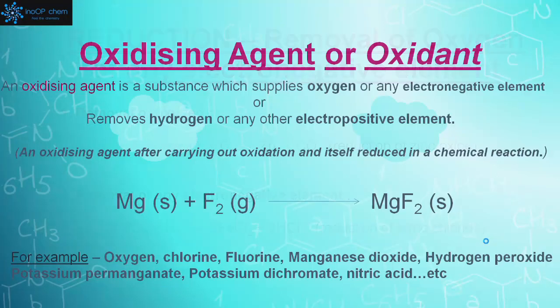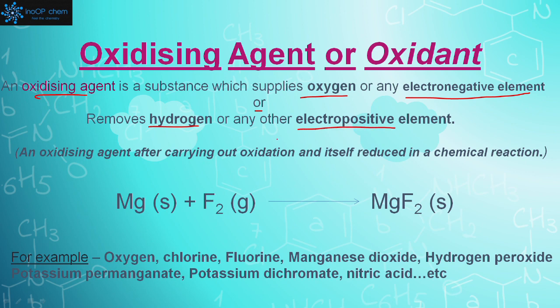Now, what is an oxidizing agent or oxidant? An oxidizing agent is a substance which supplies oxygen or any electronegative element in the reaction, or you can define it as it removes hydrogen or any electropositive element from the reaction.